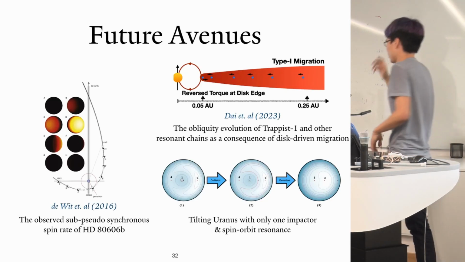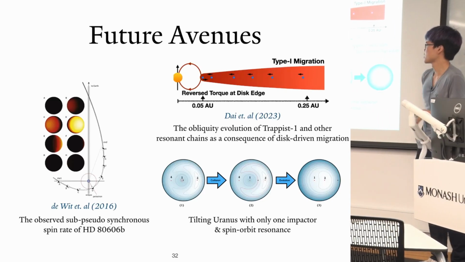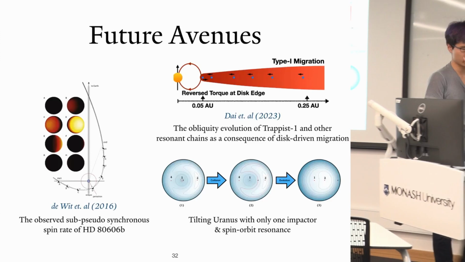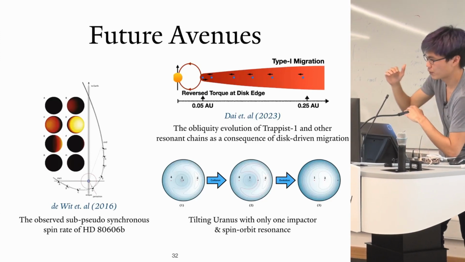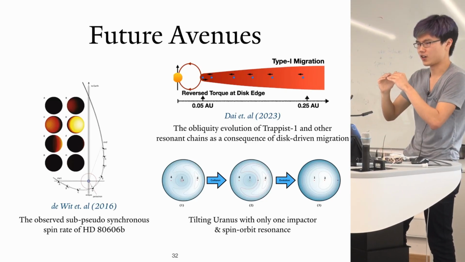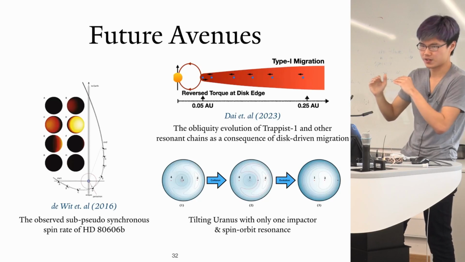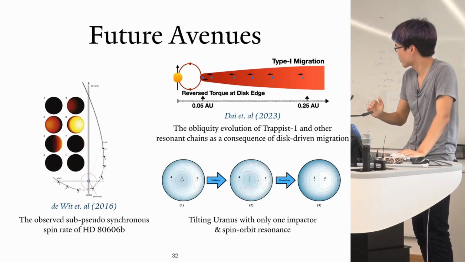I'm also very interested in the obliquity evolution of TRAPPIST-1 and other resonant chains as a consequence of disk-driven migration. TRAPPIST-1 is a system where you have 7 planets, each in what's called a resonant chain. So each of the 7 planets are in mean motion resonance, where their periods are in small integer ratios of one another.